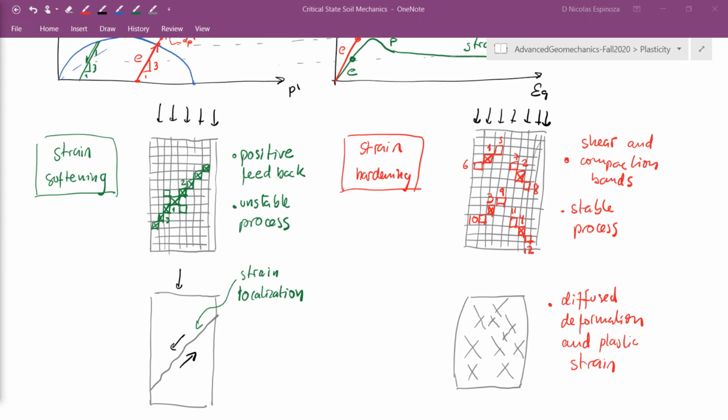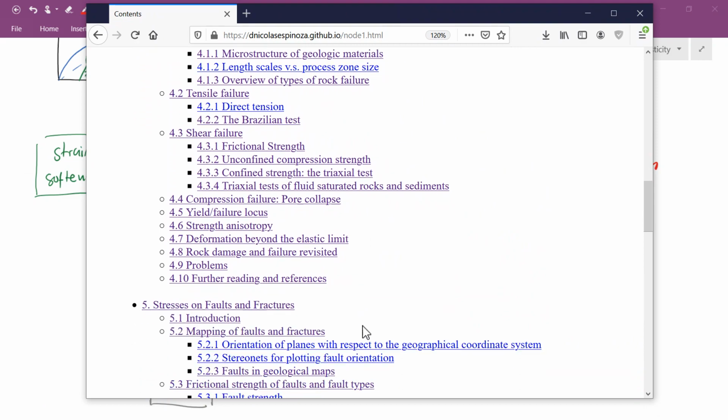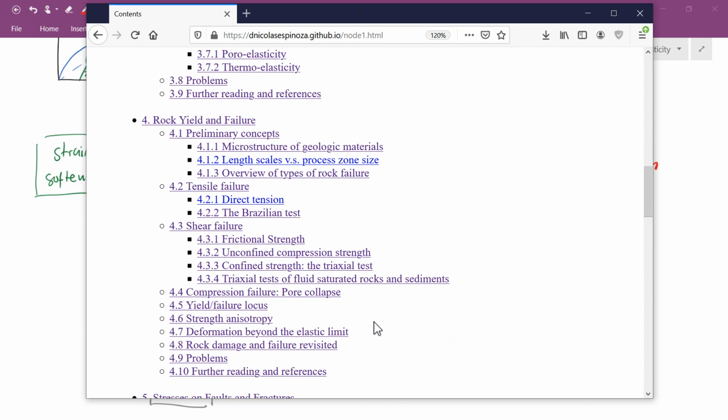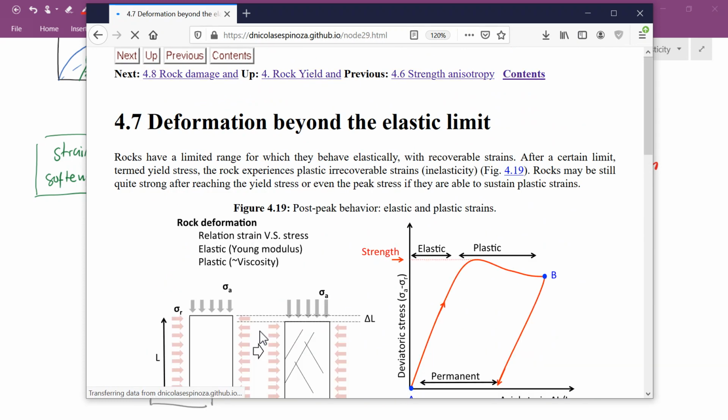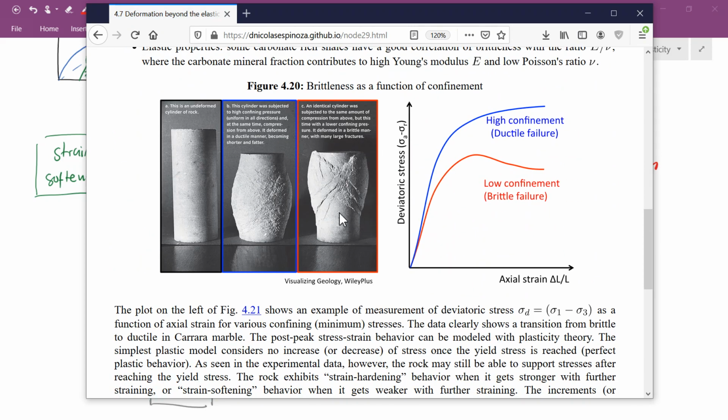Okay, so this is going to be in my notes, and it's in section 4.7, where here we see an example of what we were discussing before.